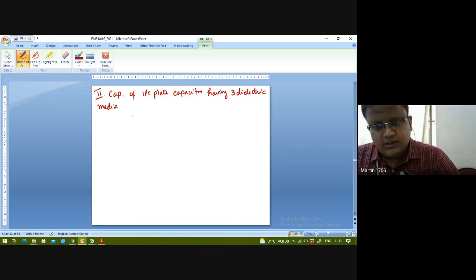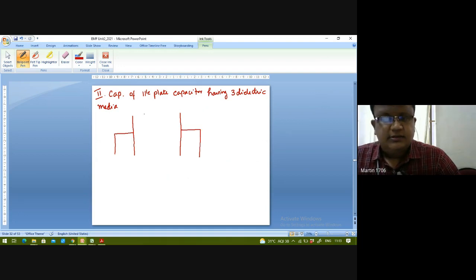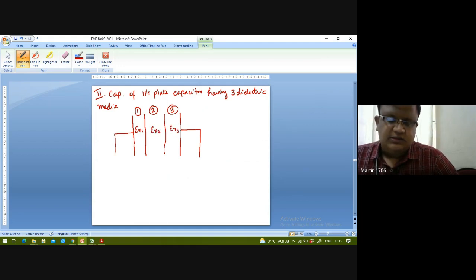Normally the capacitance will be like this, but here there are three regions in between. Suppose I am considering this is the first region, second region, third region. So this has epsilon R1, this is epsilon R2, this is epsilon R3.